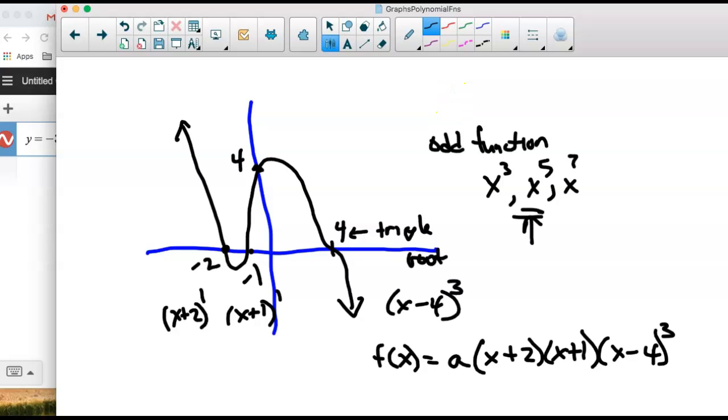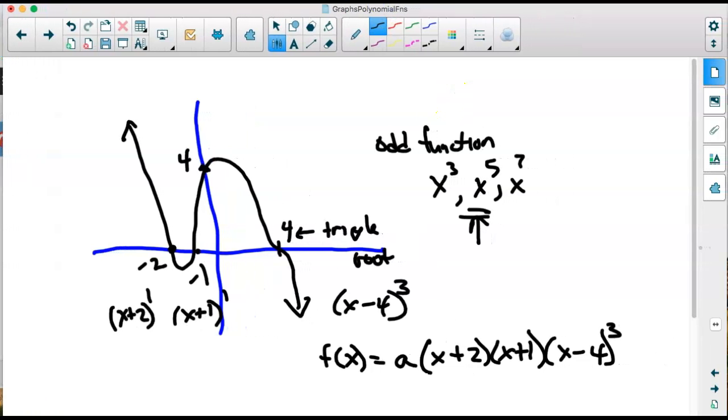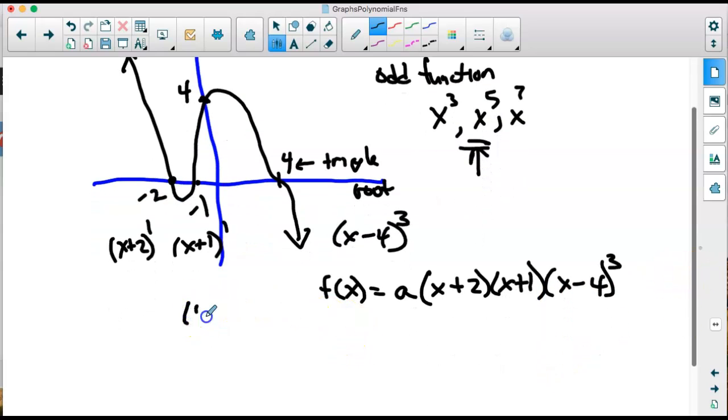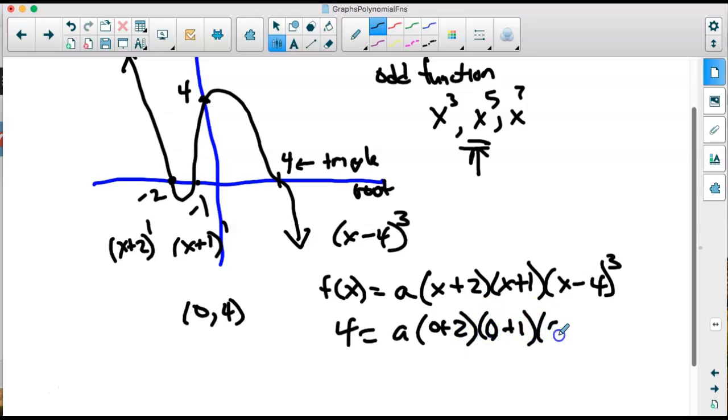Now what we would then do is take that y-intercept that they gave us of 4 and plug it in here to figure out what a is. So we have the point 0, 4. That's this y-intercept, or our vertical intercept. We would stick that in here: 4 equals a times 0 plus 2, 0 plus 1, 0 minus 4 cubed.